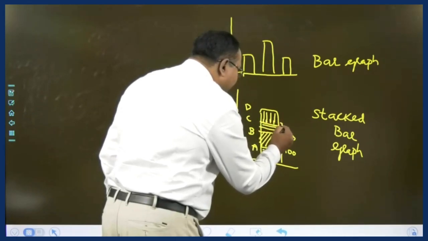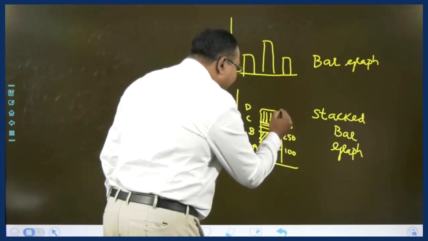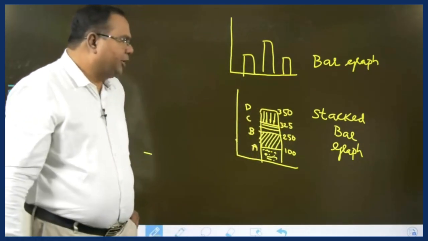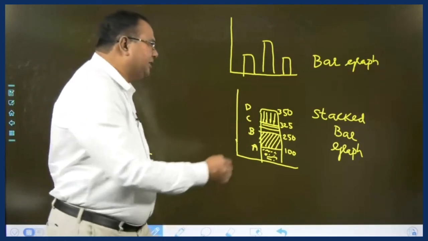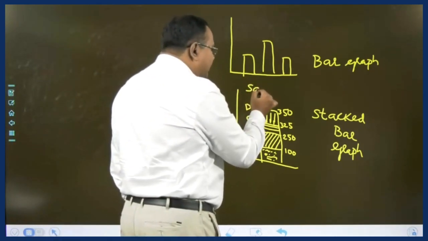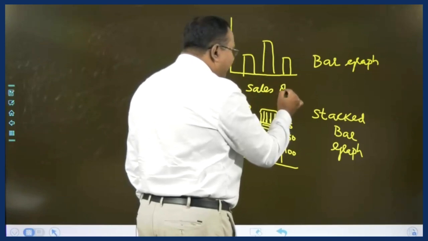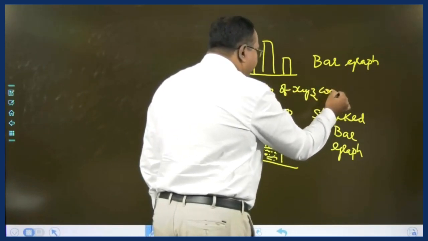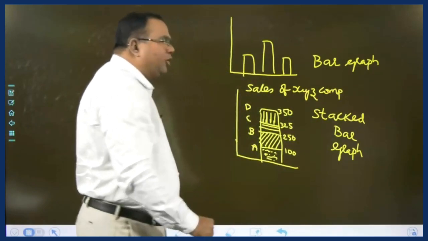Let's say this is 325 and let us say this is 350. Now, if I ask you, what are the total sales? Let us say this particular bar graph represents sales of some XYZ company.